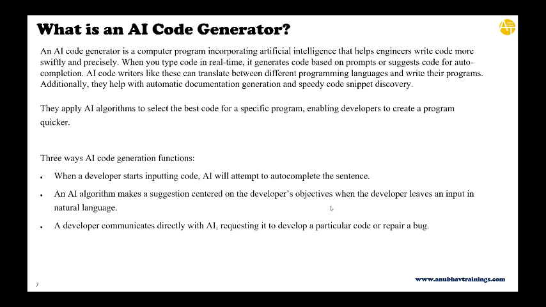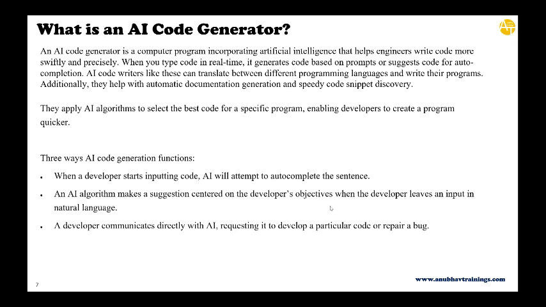AI will automatically create the syntax for creating a database table for you. A developer can also communicate directly with AI, requesting it to develop particular code or repair a bug. So these are the benefits of an AI code generator.